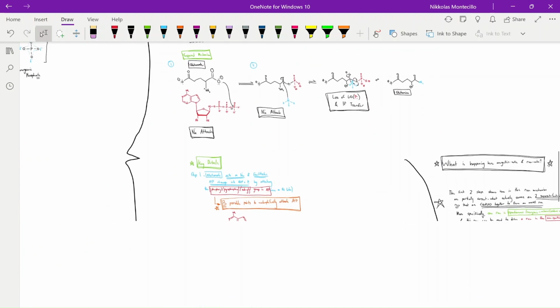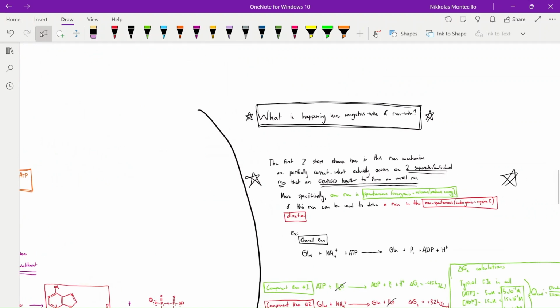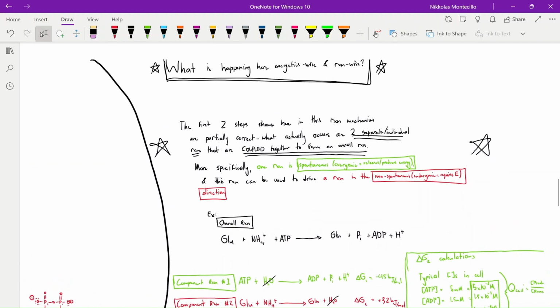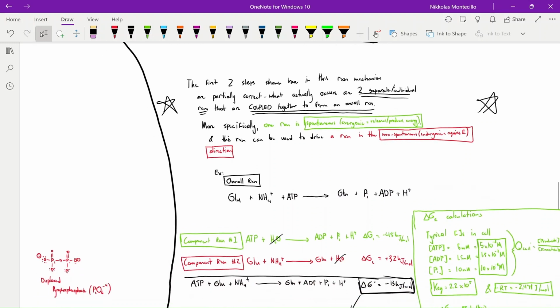Okay. So in terms of energetics and reactions, the first two steps shown here in this reaction mechanism are partially correct. What actually occurs are two separate individual reactions that are coupled together to form an overall reaction. So I believe this is what we called coupling reactions.